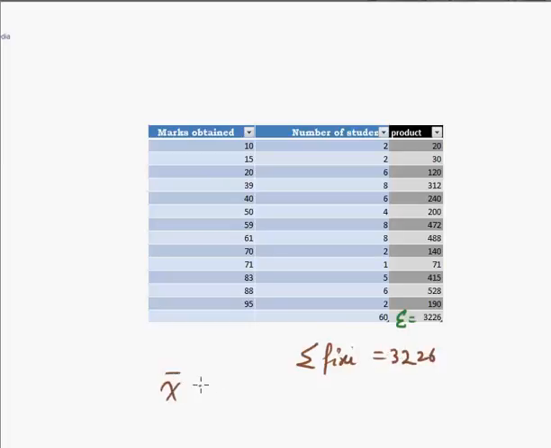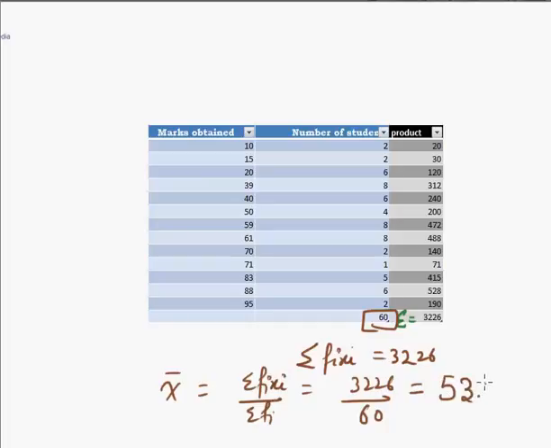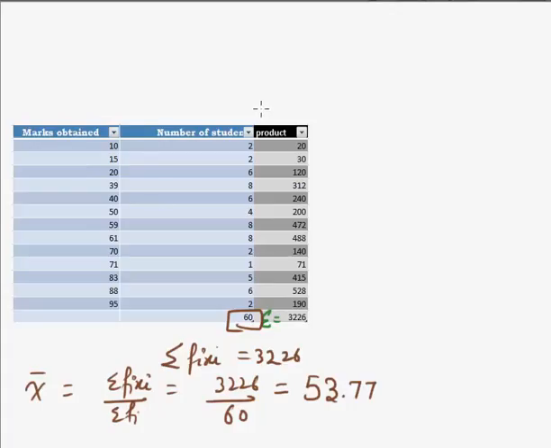So mean by direct method will be summation fi xi over summation fi, that is 3226 divided by 60, which will be 53.77.